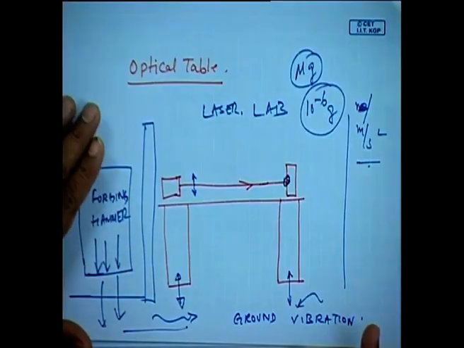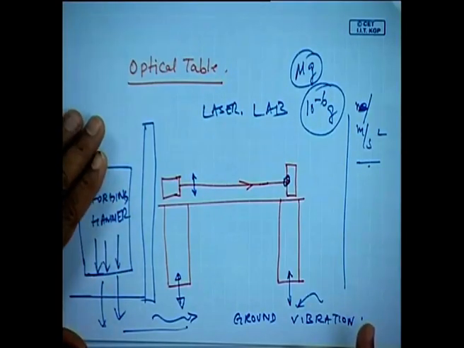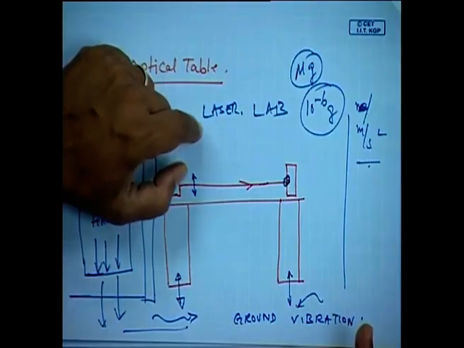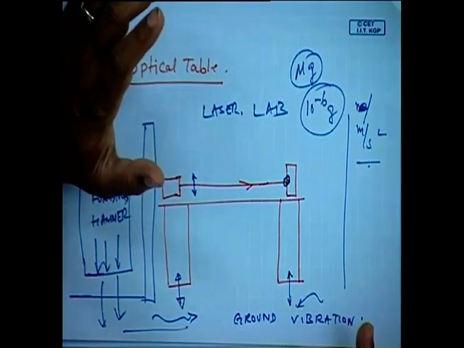Suppose I have a forging hammer next to it, or I will give you a more realistic picture. I had visited a lab where we were doing some isolation work for a laser machining, laser measurement system, laser microscope to be precise. In this building there was an elevator.